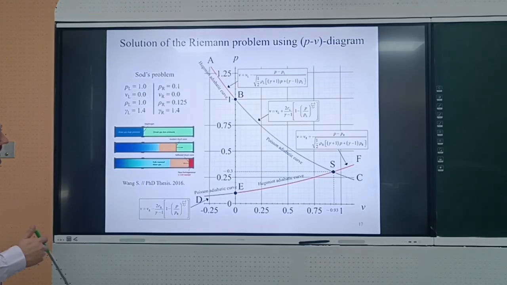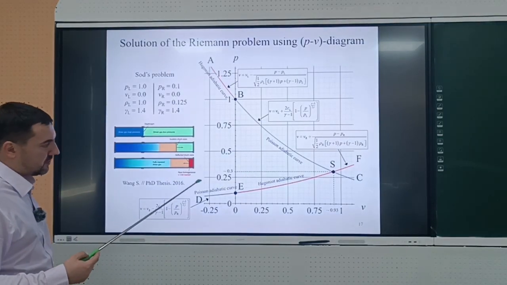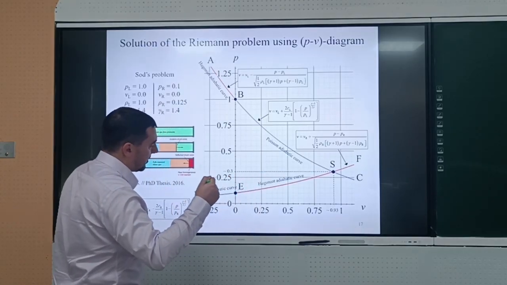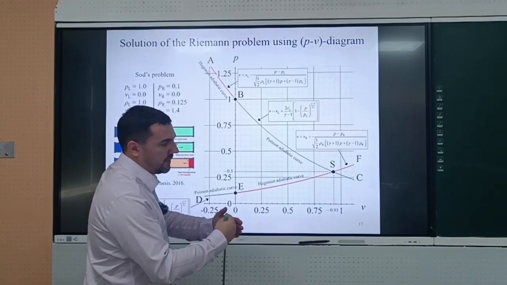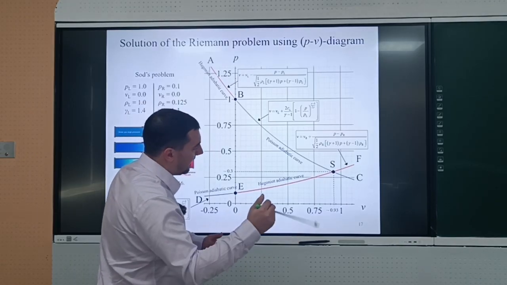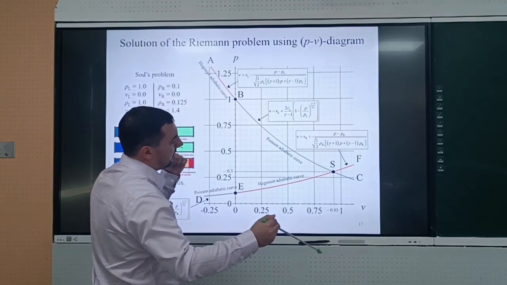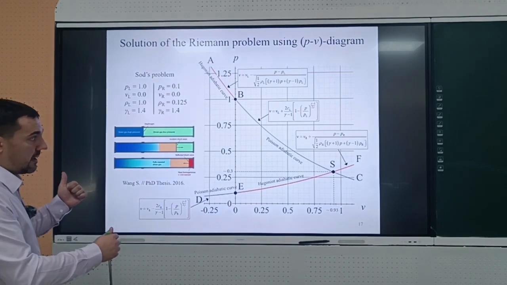And the second result is that now we can understand the structure of the solution, because the point of intersection is on the red curve for the right gas, EF. It means that the shock wave will propagate to the right, and this S is on the blue part for the left gas. It means that the rarefaction wave will propagate to the left.